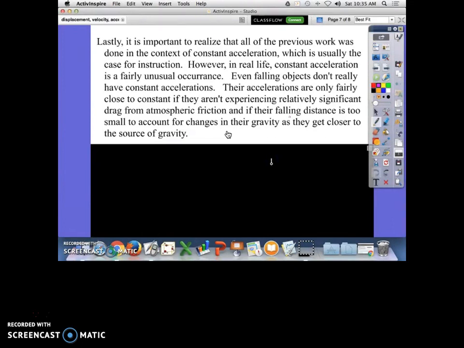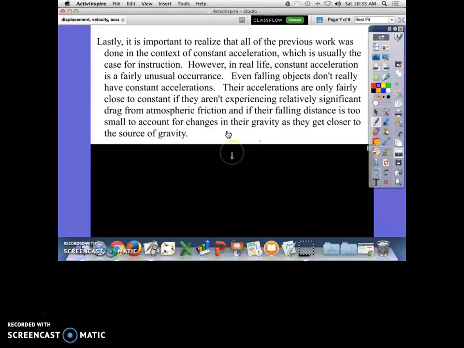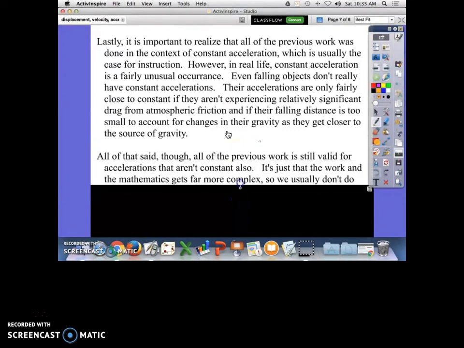If you're dropping something dozens of kilometers, it won't work because your gravity starts to not stay constant. It would be just a smidge less, let's say 100 kilometers up than it is right at the surface. So even a car accelerating is almost never a constant acceleration unless it's not going very far or very fast.